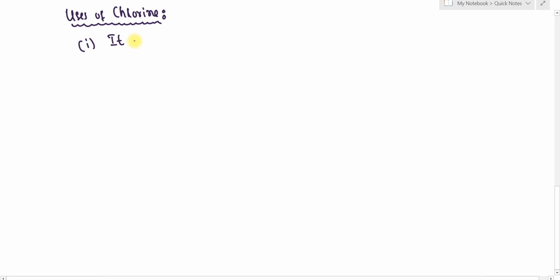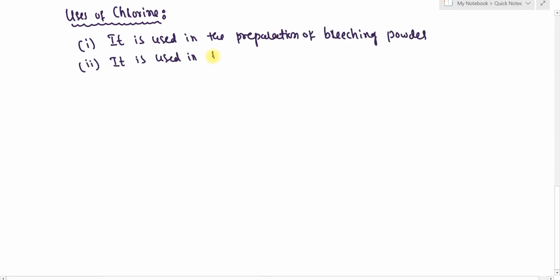Second one, it is used in the sterilization of drinking water. Okay, these are two important uses of chlorine gas.